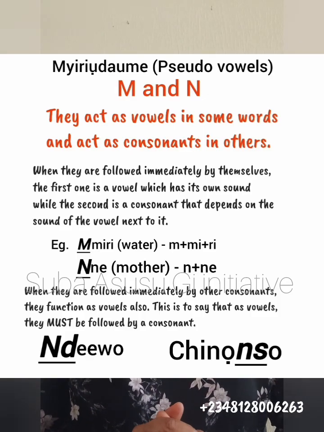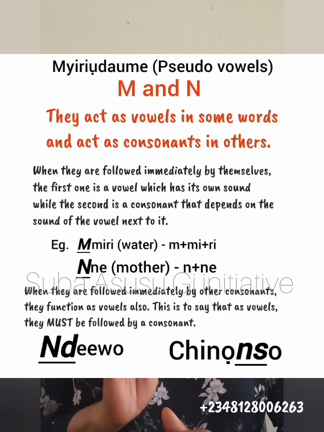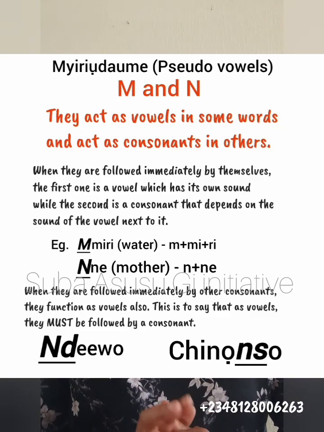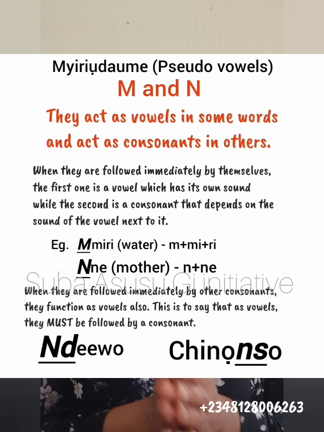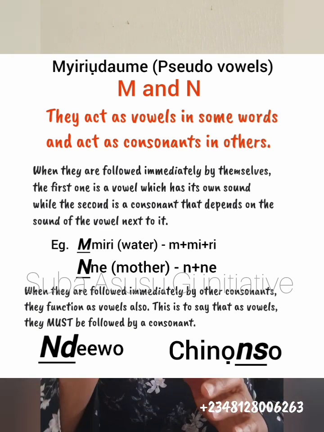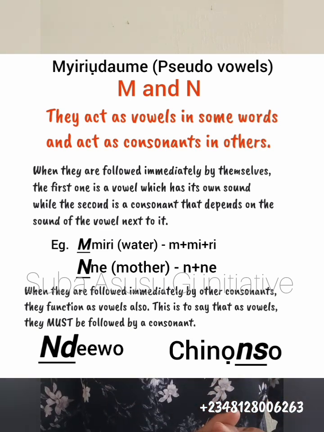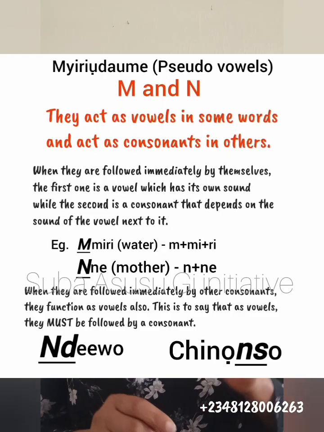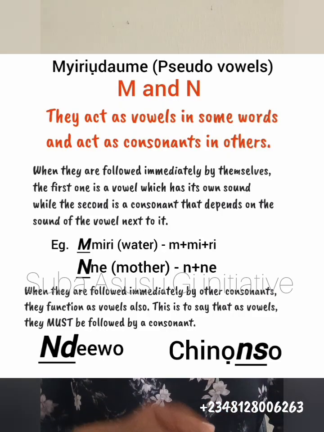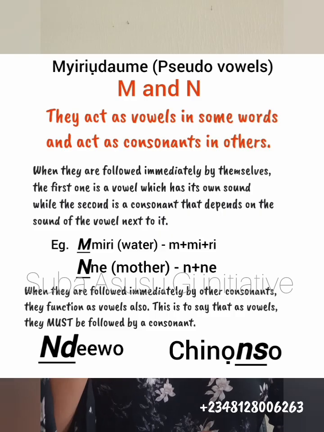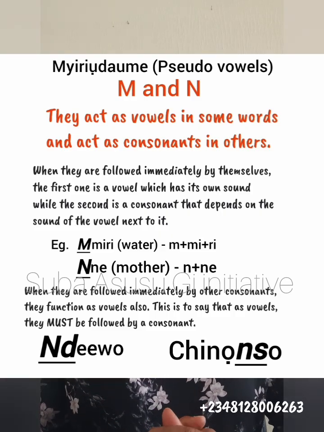When they act as vowels, it is when they are followed immediately by themselves. So when you have m in a word, or you have n in a word, in that case, the first m or the first n is the vowel.